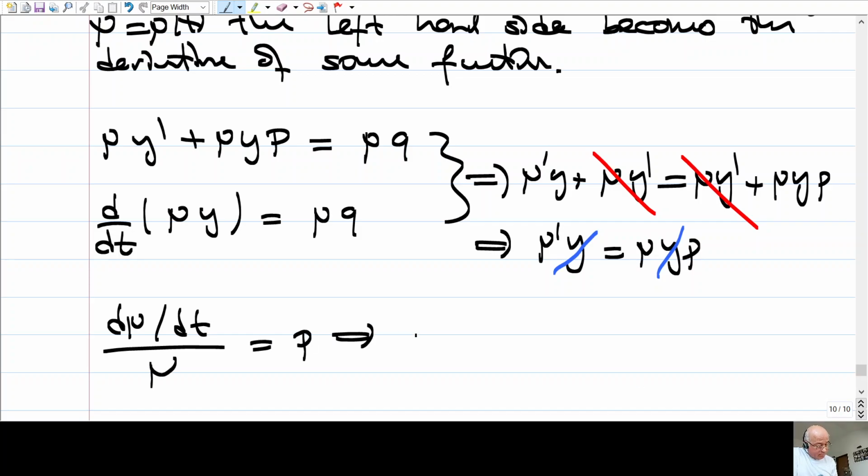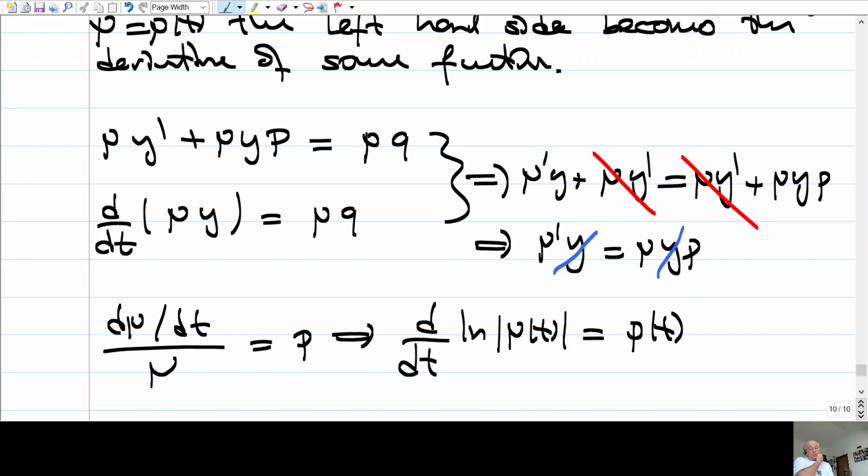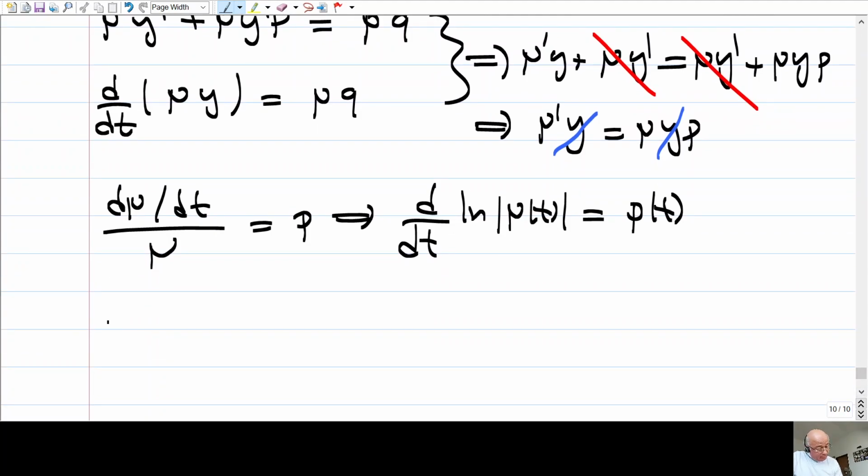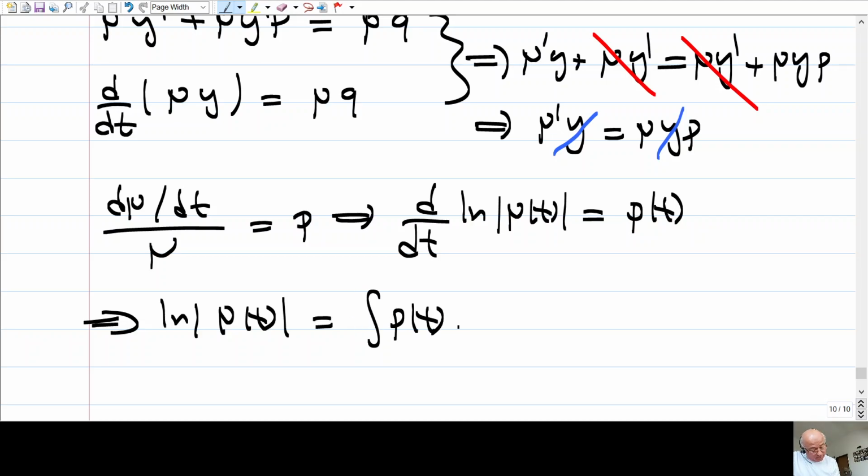In other words, we have d over dt of logarithm mu(t) equal to p(t). All right. And from this, we see that ln mu(t) is equal to the integral of p(t) dt, so an antiderivative of p.